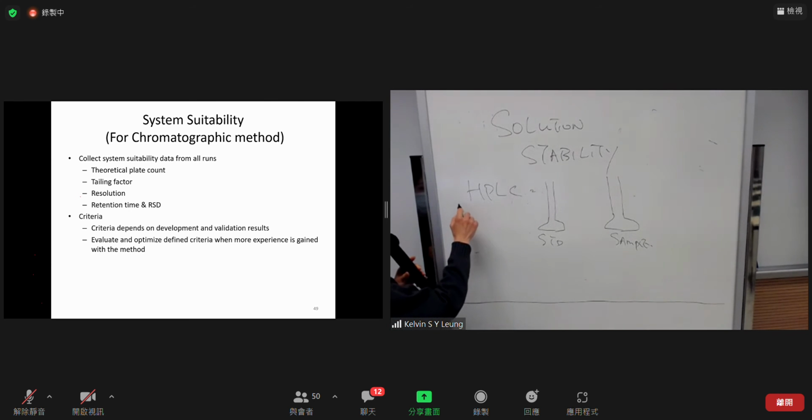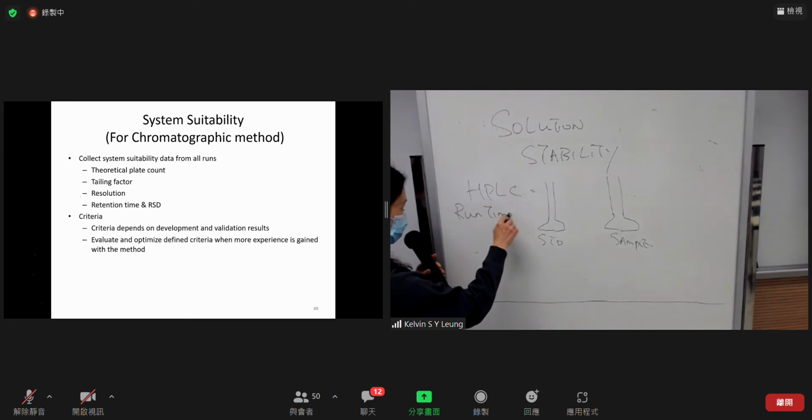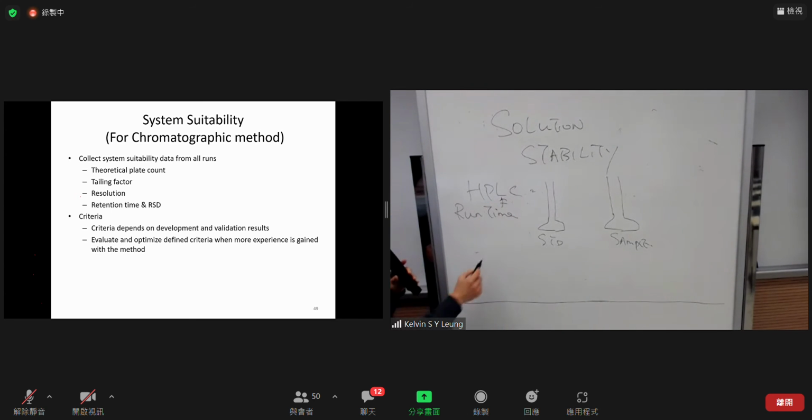Depending on your runtime in your HPLC, if you use UHPLC, then the runtime will be shorter. In normal cases, it depends on the properties of your analytes and how complicated your chromatogram is. But in some methods, the runtime of a particular run may be very long.